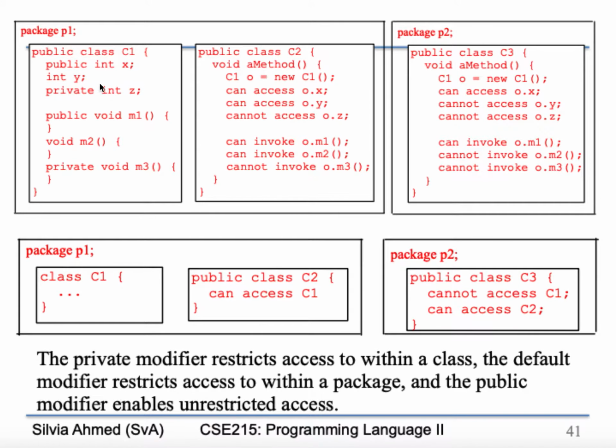So let's look at an example. Inside our package P1, we have two classes. One is class C1, another is class C2. And in a separate package P2, we have another class C3. In our C1 class, we have three data fields. One is public, another is nothing written. Nothing written is called the default modifier.